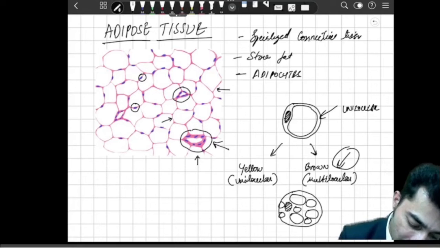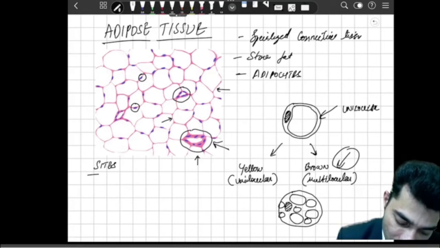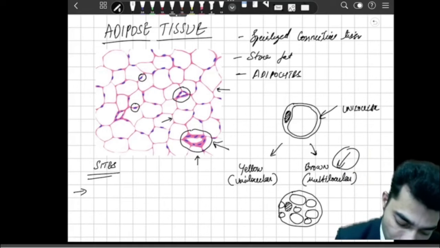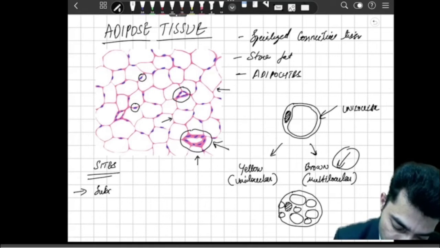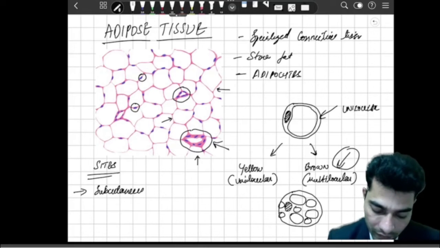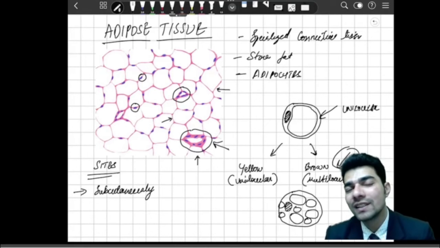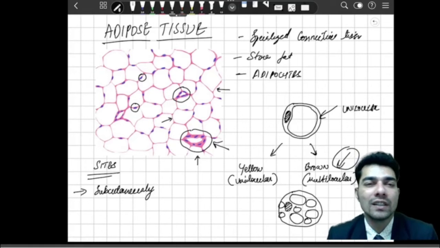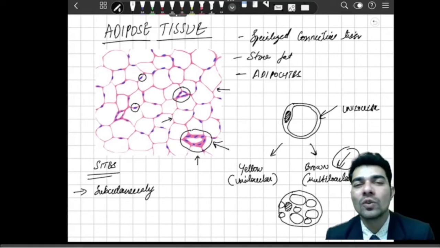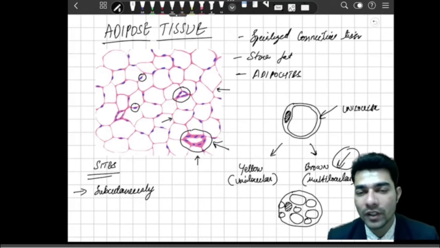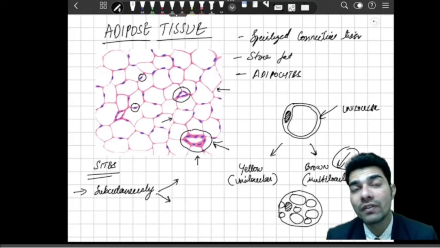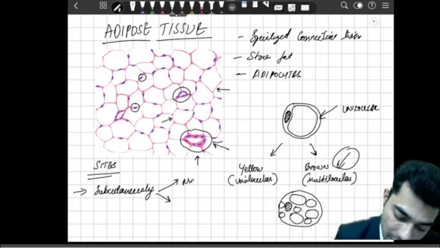So, where is this tissue found? It is found throughout our body, especially subcutaneously. Below the skin, it forms a layer of subcutaneous tissue, especially known as the superficial fascia, throughout the body. The distribution of fat in male and female also varies.